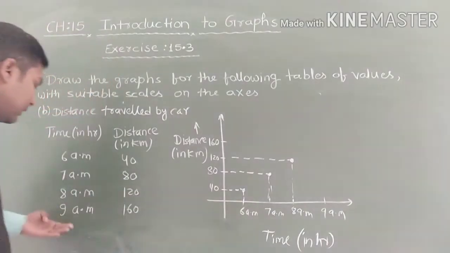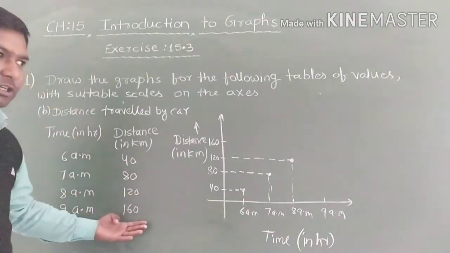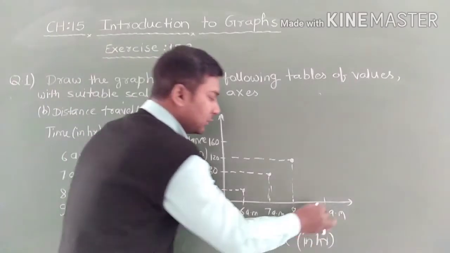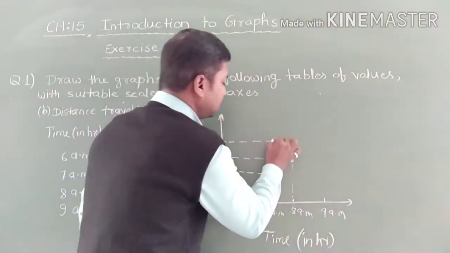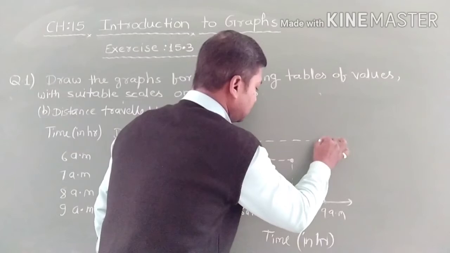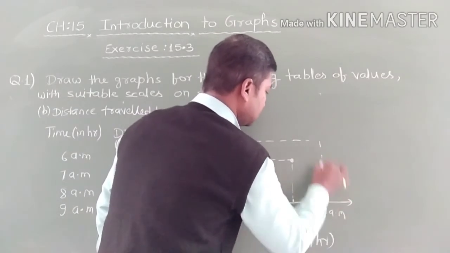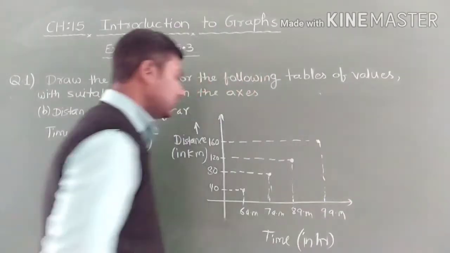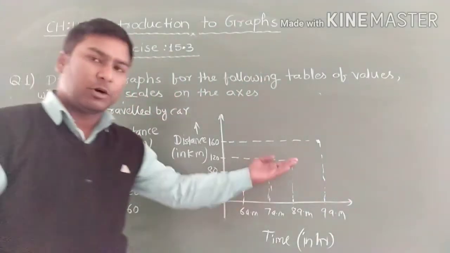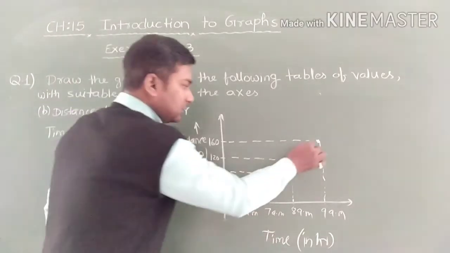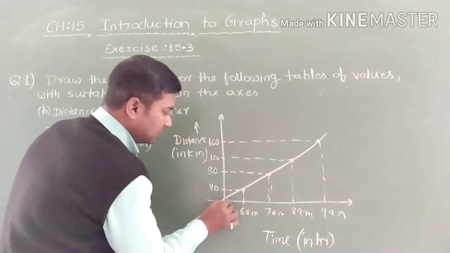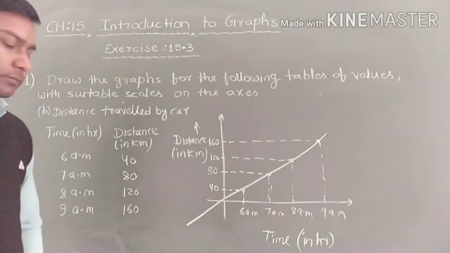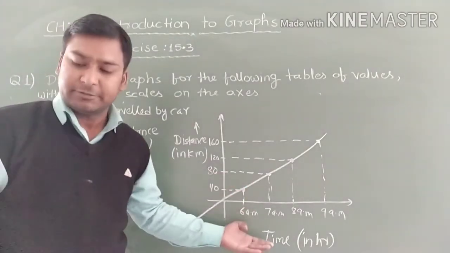Now next, at 9 am the car will move 160 kilometers. So this one. Okay, so draw a line passing through these points. So it will be like this. So this is the required graph.